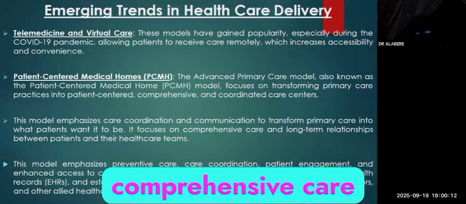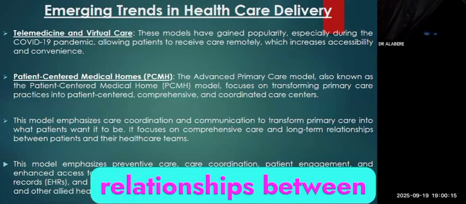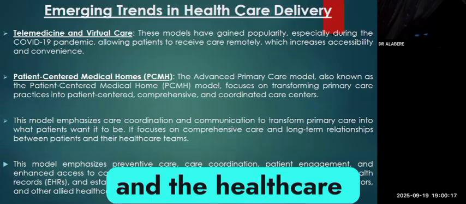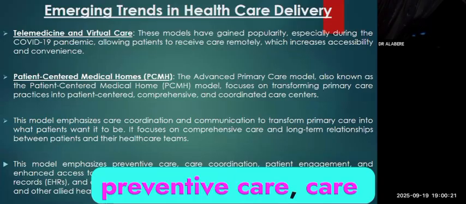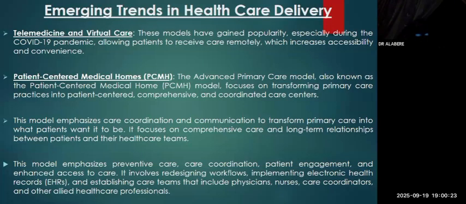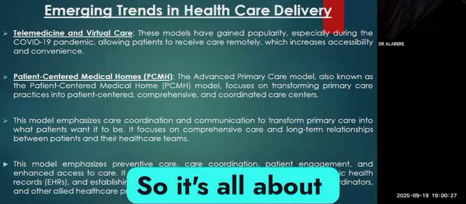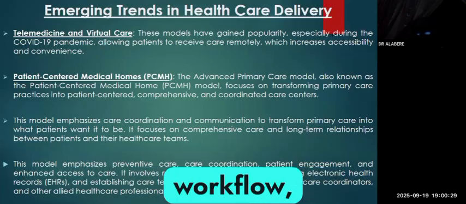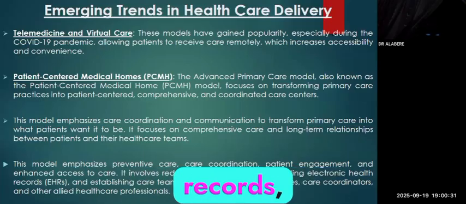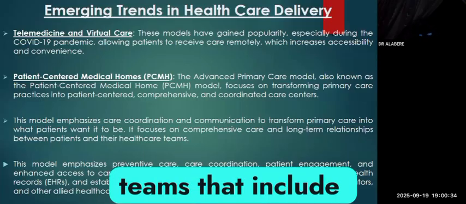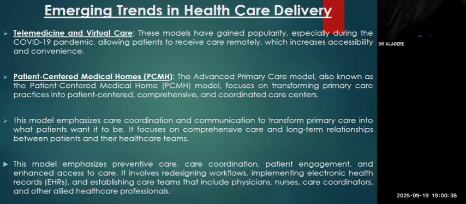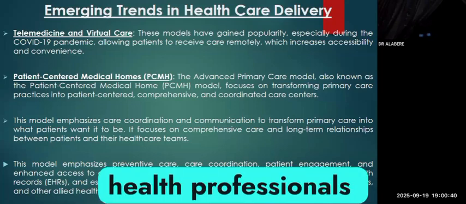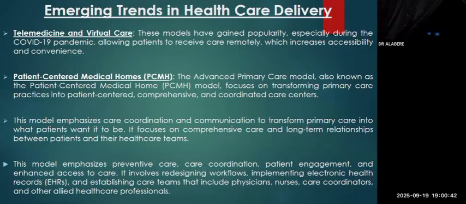It focuses on comprehensive care and long-term relationship between patients and the healthcare system. It emphasizes preventive care, care coordination, patient engagement, and enhanced access. So it's all about redesigning the workflow, implementing electronic health records, and establishing care teams that include doctors, nurses, coordinators, and other allied health professionals to provide care.